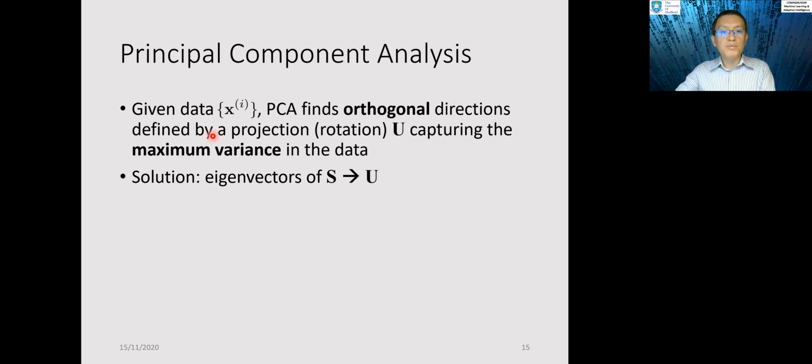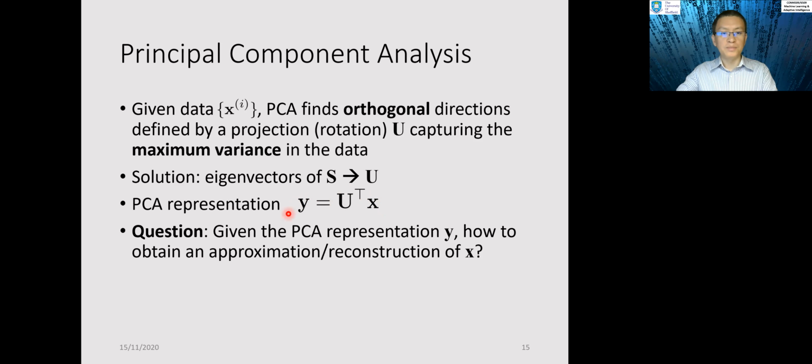And the solution of PCA is given by the eigenvectors of the scatter matrix S. Having this solution, we can obtain the PCA representation by using the projection matrix to project the input X to an output space Y. This is also called transformation or mapping, basically mapping X to a low-dimensional Y.